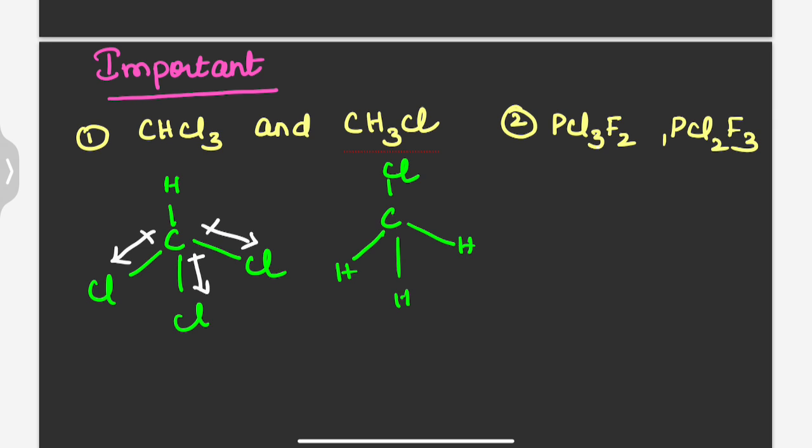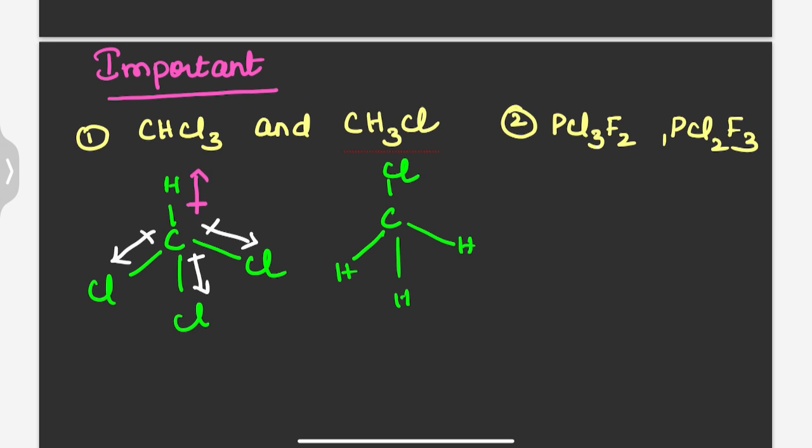So as a result, the arrow mark will be in this direction because hydrogen is becoming more electronegative when compared to carbon, which is now electropositive because of the chlorine atoms. Now because of this opposite direction, the dipole moment will reduce. All the 3 are in one direction and this is in the opposite direction, therefore the dipole moment will reduce.